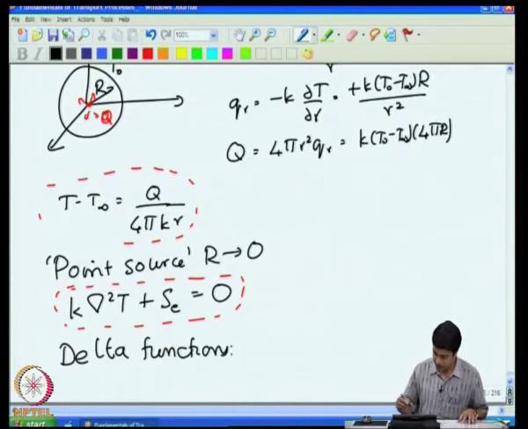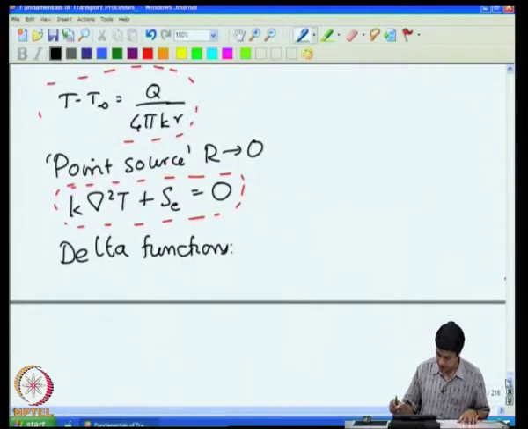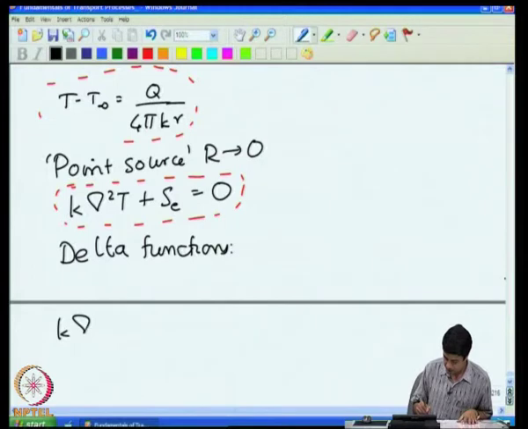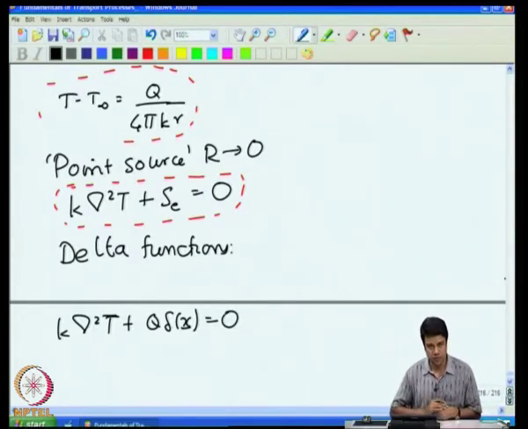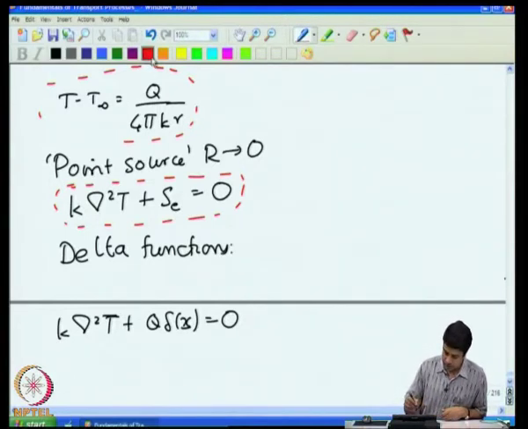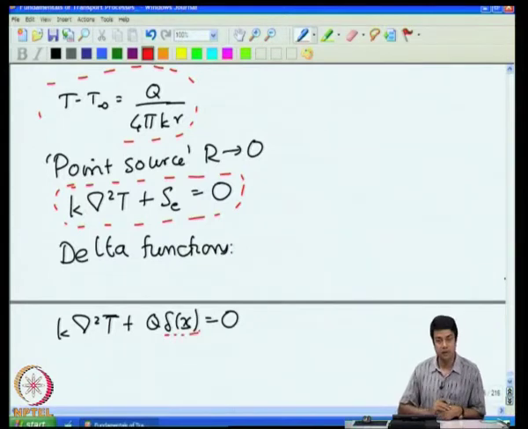This point source is written as K del square T plus Q delta of x is equal to 0, where this delta of x is the delta function.